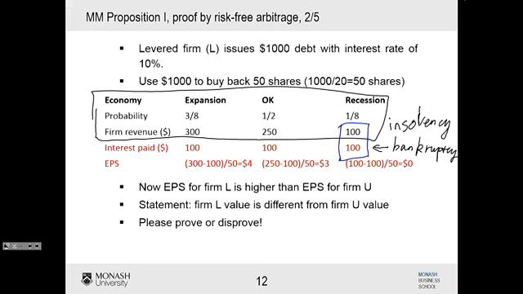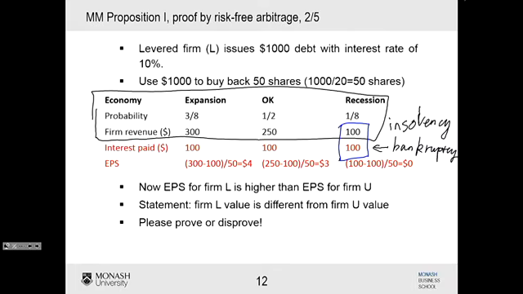Therefore, because the interest is paid to the debt holder, the earnings per share is calculated for the equity holder. So in the earnings per share, we have excluded the interest payments. In the expansion scenario, we have 300 revenue minus 100 interest paid. And right now, how many shares outstanding? 50 shares.